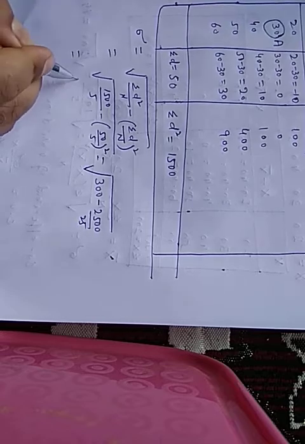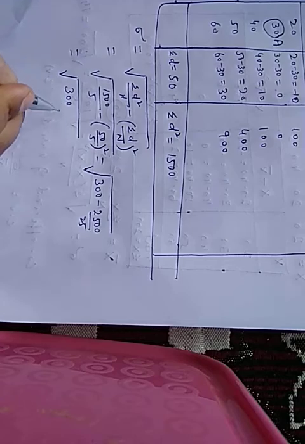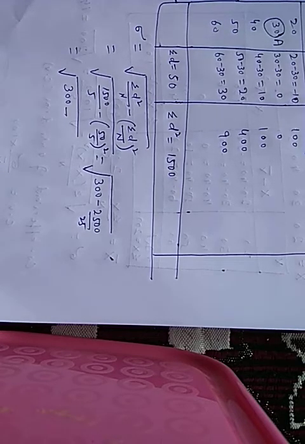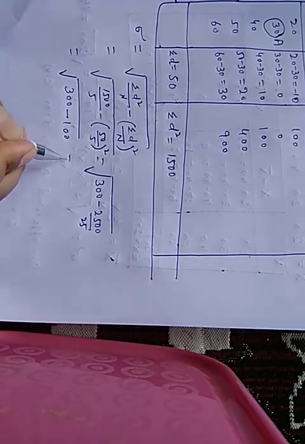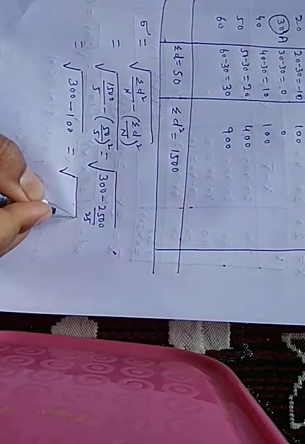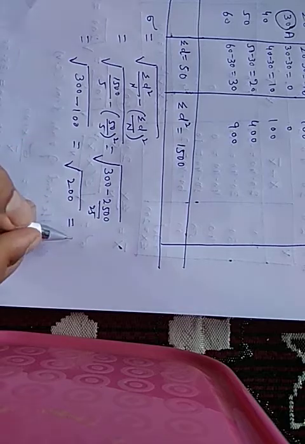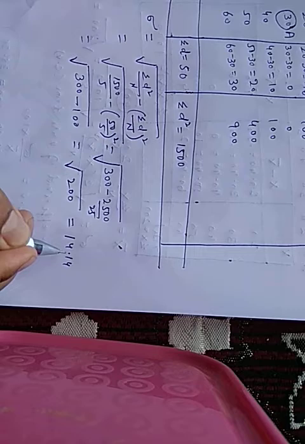It will be equal to 300 minus 100, which is under root of 200, equal to 14.14.